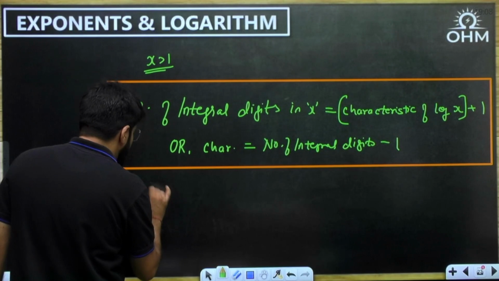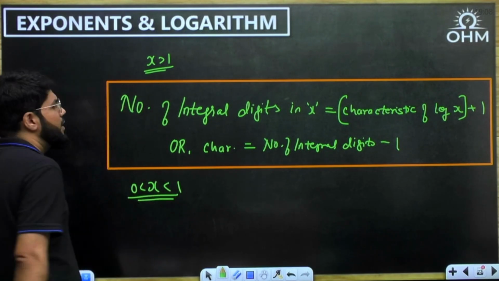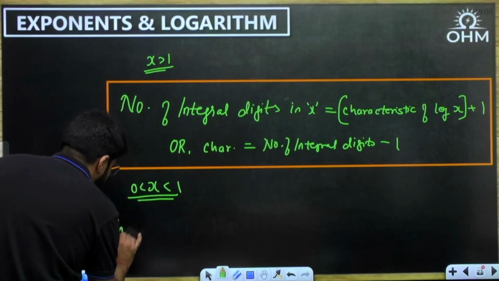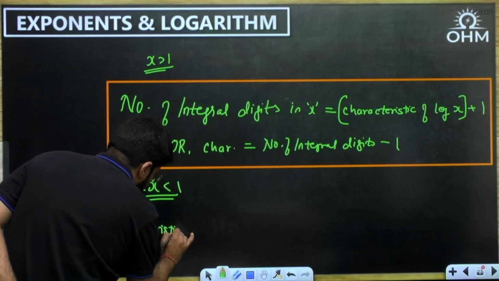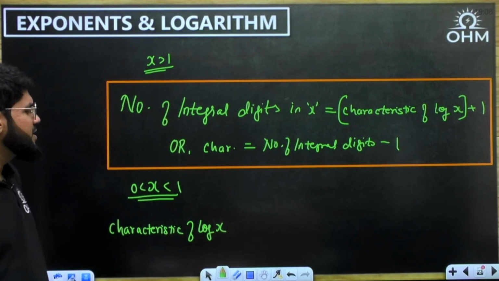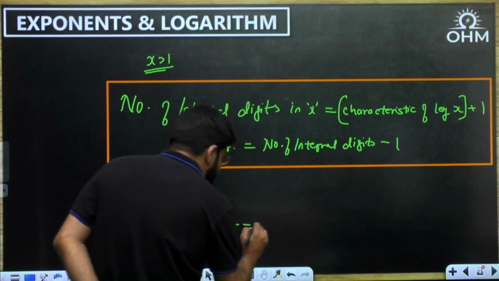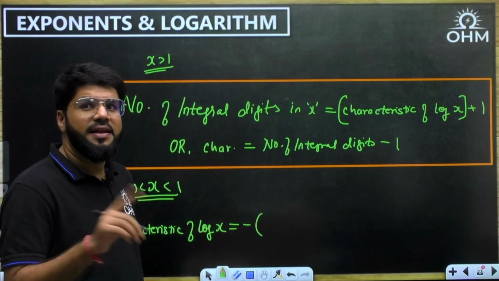Now if x is between 0 and 1, then what is the characteristic of log x? Then it is given by what formula? It is always negative, and negative of what?